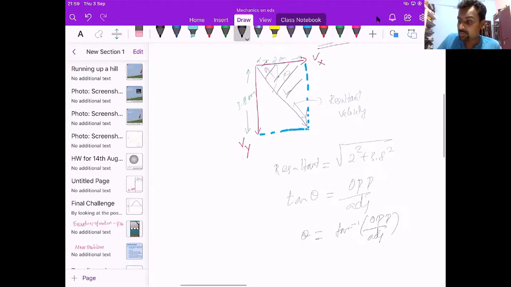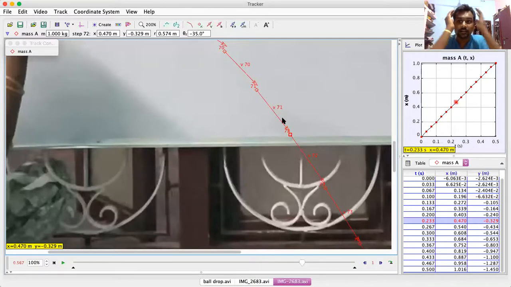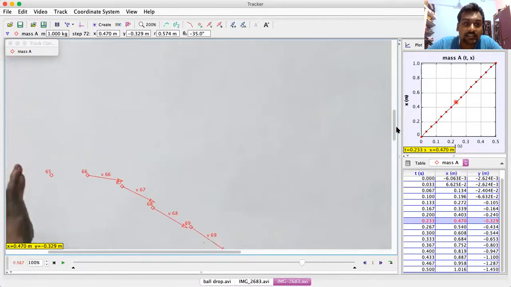Now there is one important point which you have to realize here. I'll go back to the tracker file. Please remember, by nature, the ball is actually going in both the dimensions simultaneously. So the velocity of the ball at a given instant in time is actually given by these arrows.